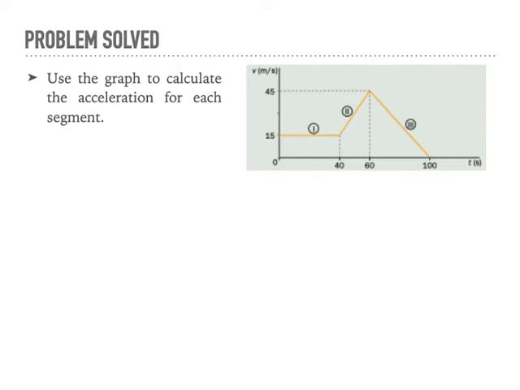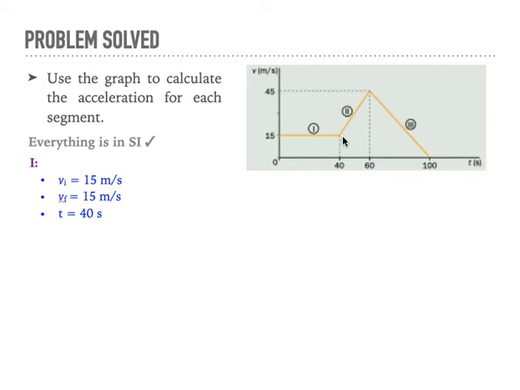So how are we going to do it? First, we're going to check that everything is in the same units, so that I don't have to convert, and I have meters per second and seconds. So I'm not going to be bothered with units because I have seconds and seconds, no problem. Then, in the first segment, I have that the initial velocity is 15 meters per second, and the final one is the same because it hasn't changed.